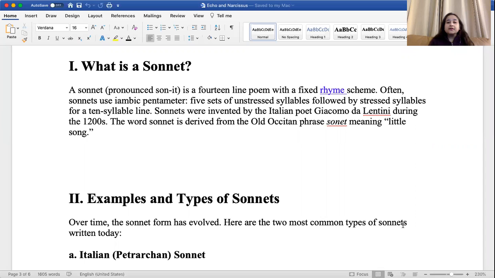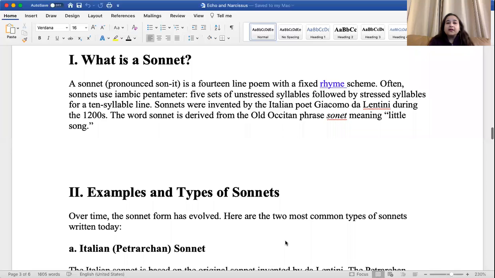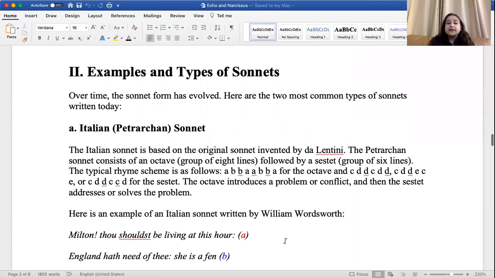The sonnets use a particular meter, that is the stressed and the unstressed syllables, and they were invented by an Italian poet. Okay, so now the sonnet basically means a little song. The most important type of sonnet is the Petrarchan, that is the Italian form of a sonnet. And as I told you, each sonnet is a 14-line poem, and there are two types of sonnets.